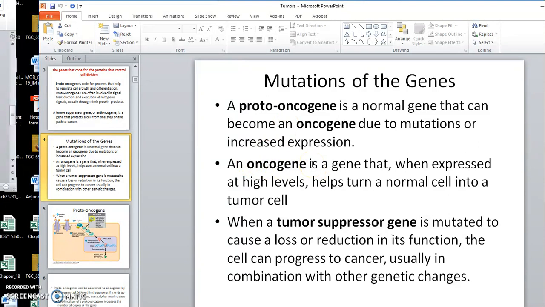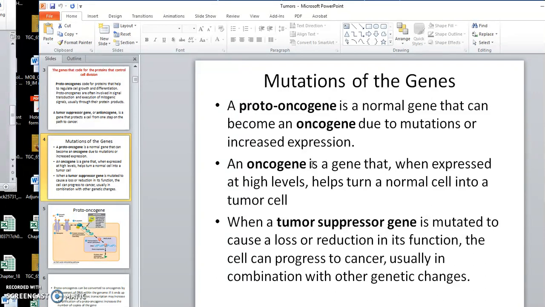Now, mutations are spontaneous effects. So the mutation in the proto-oncogene could make it less effective, in which case you'd have a decrease in cell multiplication. Now, we have three terms. Normoplasia would be a normal amount of cells being made homeostatically.